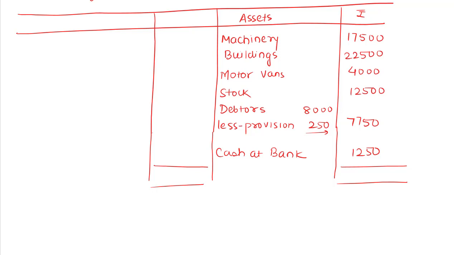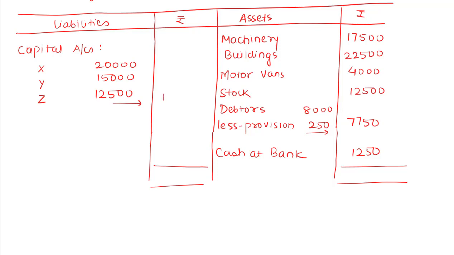Liability side: capital of X, Y, Z. X capital 20,000, Y capital 15,000, Z capital 12,500. Total 47,500.